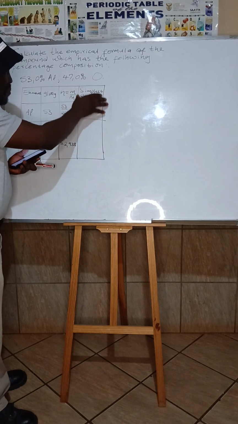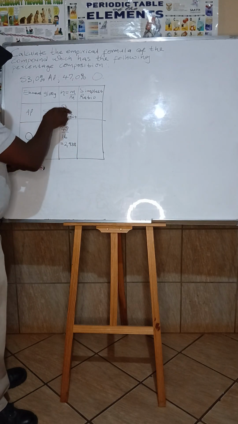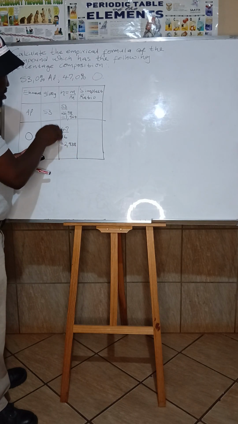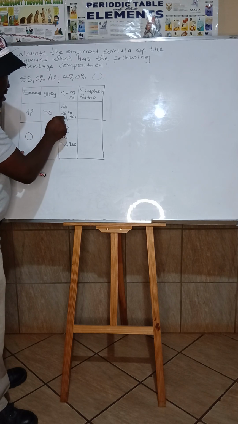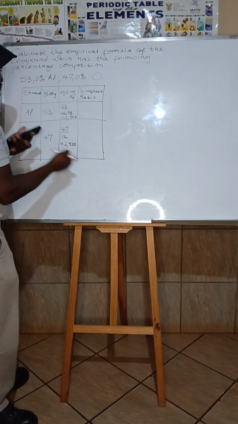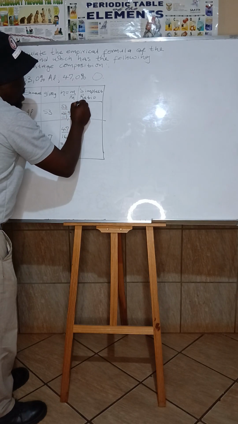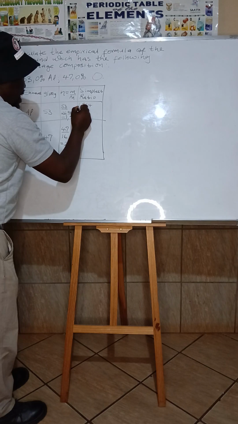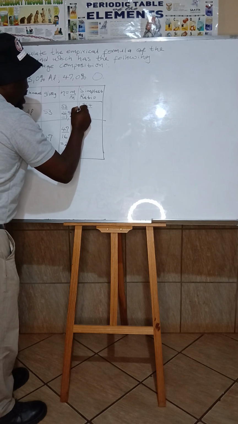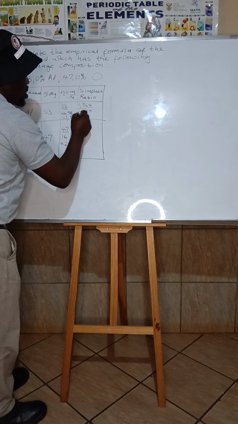Now, as far as the simplest ratio is concerned, we look at the smallest number of moles over here, and it happens to be 1,964. Therefore, we take the 1,964 and divide it by itself to get 1.